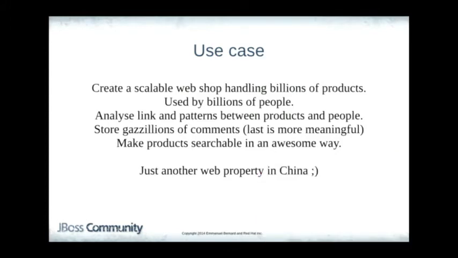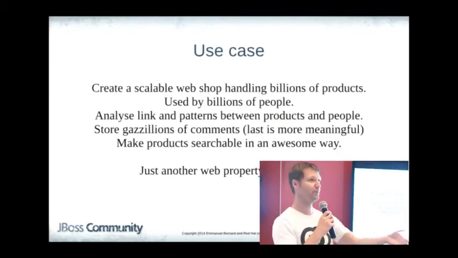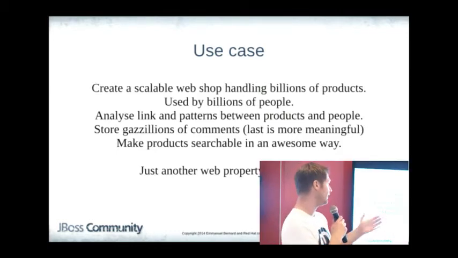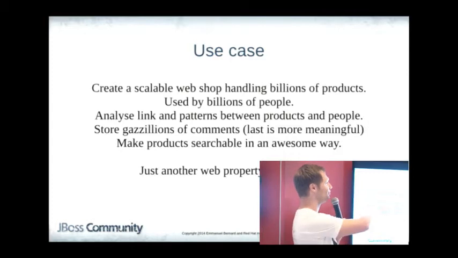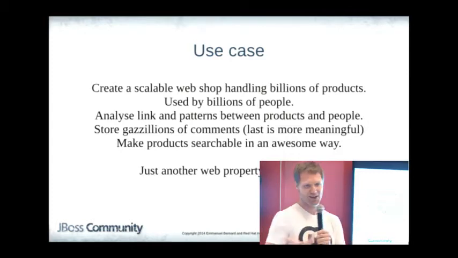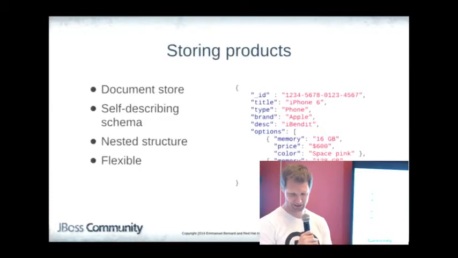And for some reason, my platform is very Web 2.0, so there are a lot of comments on each of the products. So I need to store that, and of course, people need to be able to find the product. So let's make it searchable. And if you think about it, any project in China is going to have to deal with billions of products, billions of people, and so on. So it's not that weird.